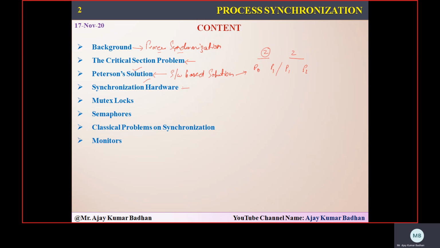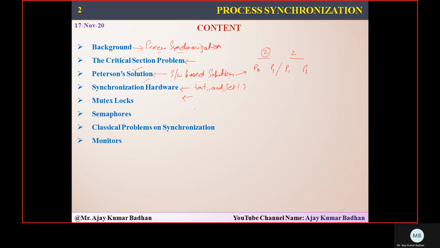To overcome that, in the previous session we saw hardware-related solutions to the critical section problem, where we discussed the test and set method, and after that compare and swap.